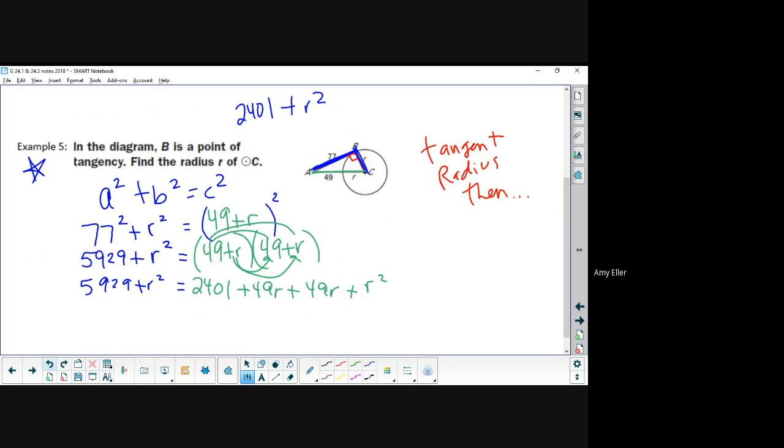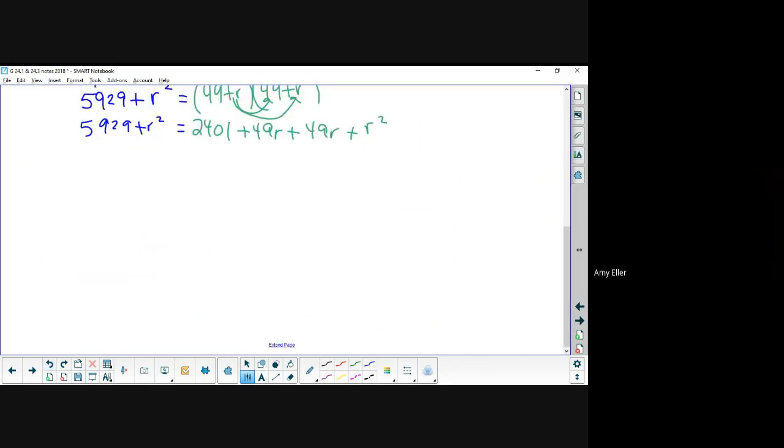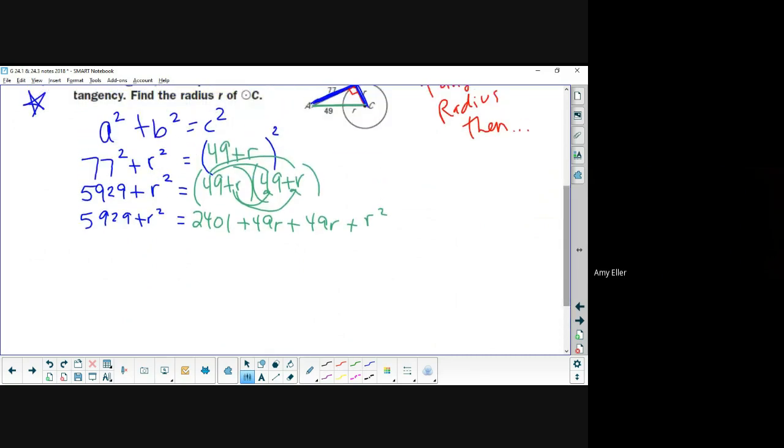All right, so this algebra may look tricky, but it's actually going to clean up pretty nicely. Let's go ahead and recopy this side. Nothing to do here yet. Notice I have some like terms: 49 r's and 49 more r's. Add 49 to 49. Now, I need to get r by itself. There's a lot of r's.